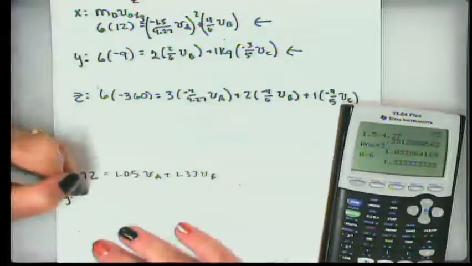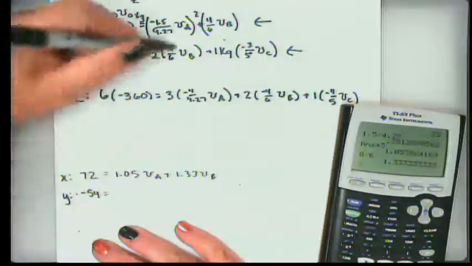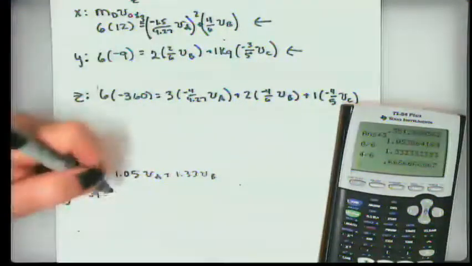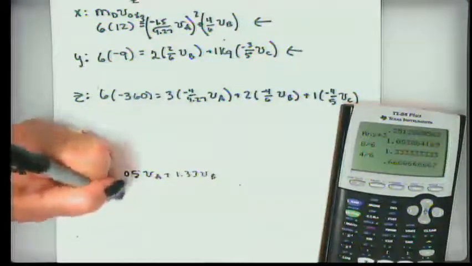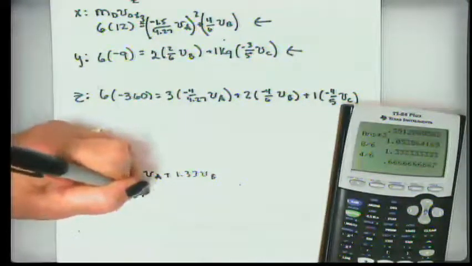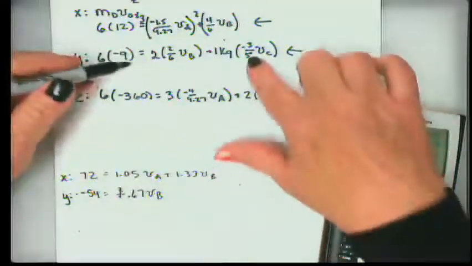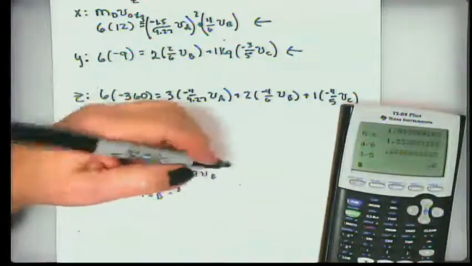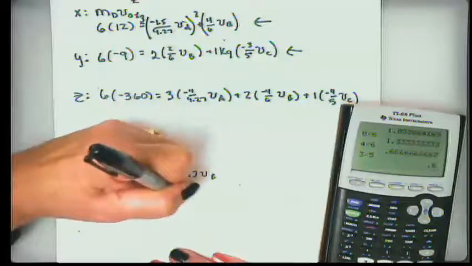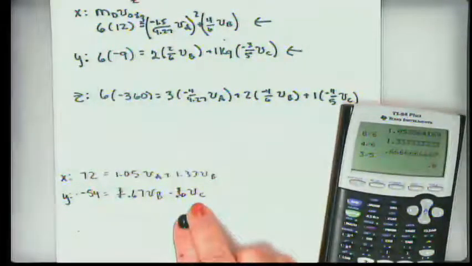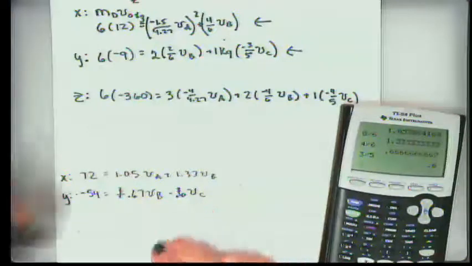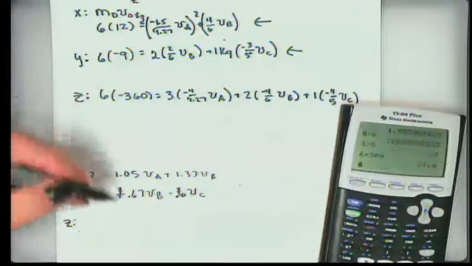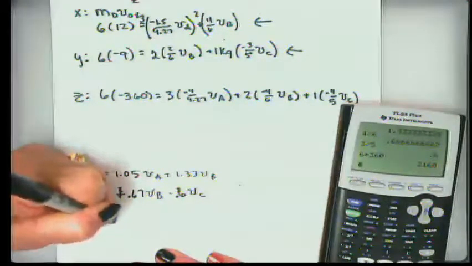Y, 9 times 6, negative 54, equals 4 over 6, which is 2/3 V sub B. I'm going to keep it in decimals or I'll make myself crazy. 0.67 V sub B. And then 1 times this is minus 3/5, which is 0.6 V sub C. And then in the z direction, 6 times 360 is negative 2160.